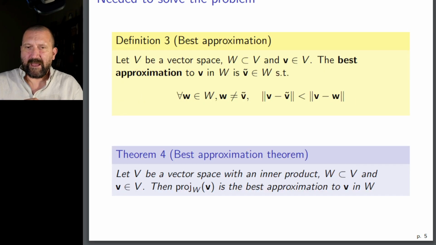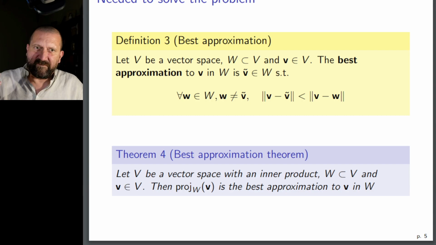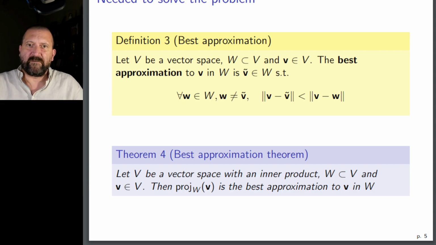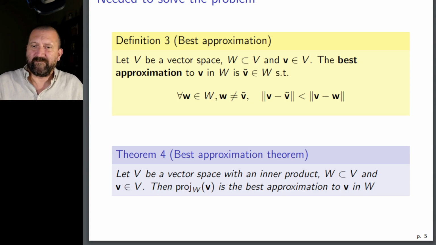And I just gave you this definition and related theorem that explain what a best approximation is and give you a criterion providing the best approximation as being the projection of the vector v onto the subspace W.